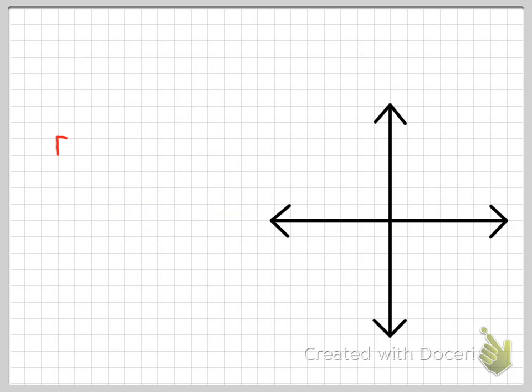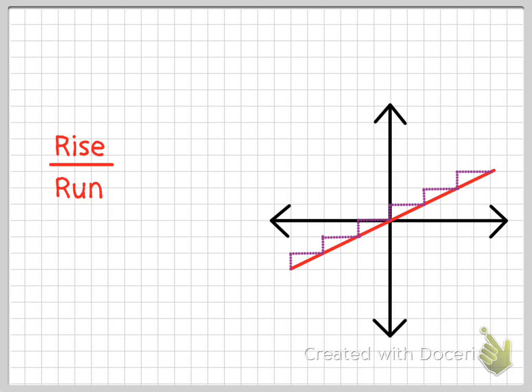So let's look at another example. I'm going to use rise over run for any time I'm trying to find the slope. And looking at my line, I'm looking for where the line crosses on my grid perfectly. So if I start from the beginning here, it looks like it rises 1 and runs 2. I can fill this in for the rest of it.